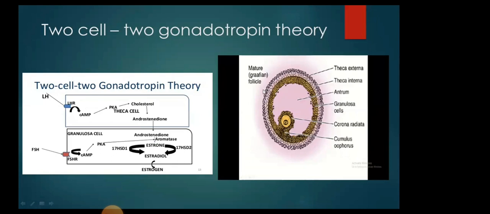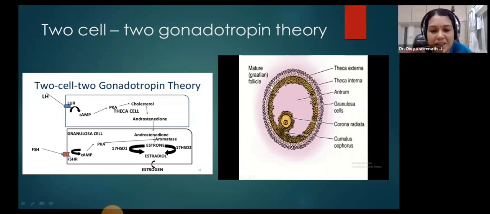The LH hormone in the theca cells produces androstenedione from cholesterol. You can see that from cholesterol, androstenedione is produced with the help of LH, luteinizing hormone. So cholesterol, or in our concept, the rasadhatu, like that the byproduct is formed.